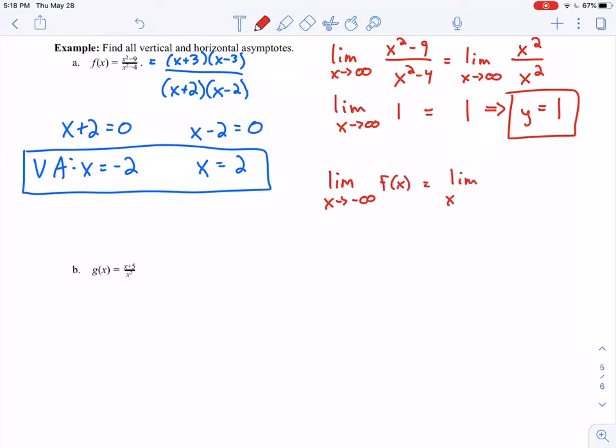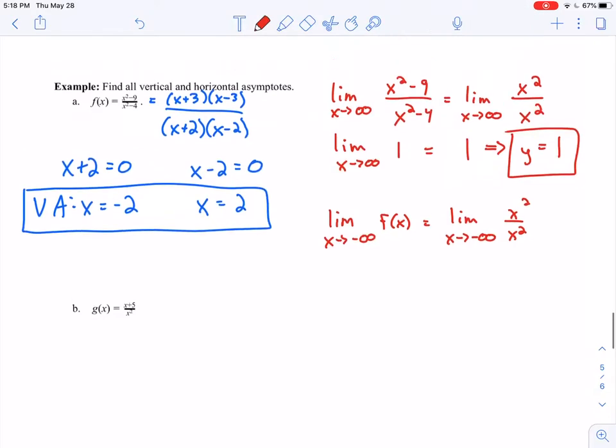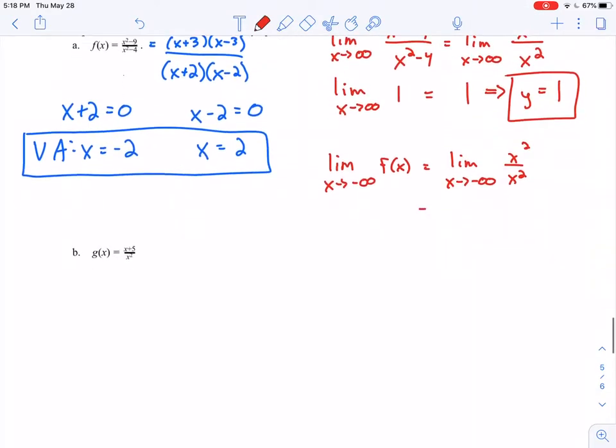Limit as x approaches negative infinity, x squared over x squared. I know that that's going to end up being, sorry about that. Limit as x approaches negative infinity of 1, this is equal to 1 here. So I end up with the same value, which means that this is still just a horizontal asymptote.